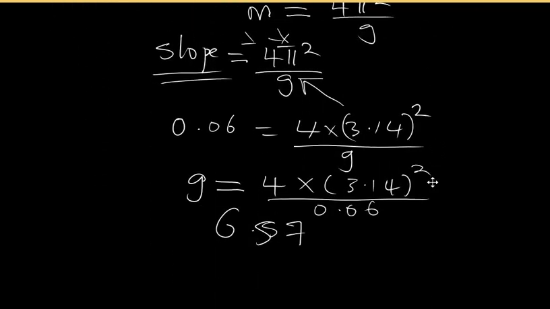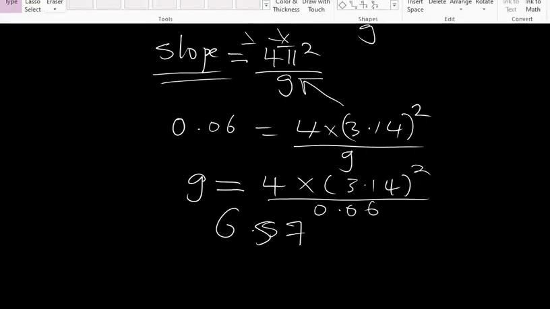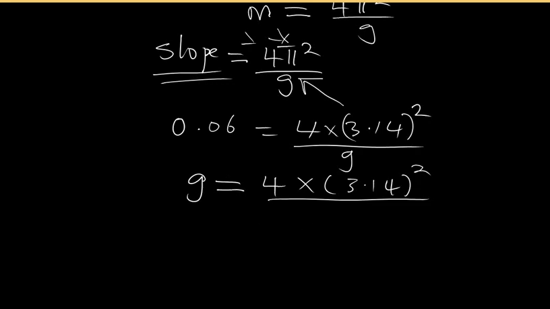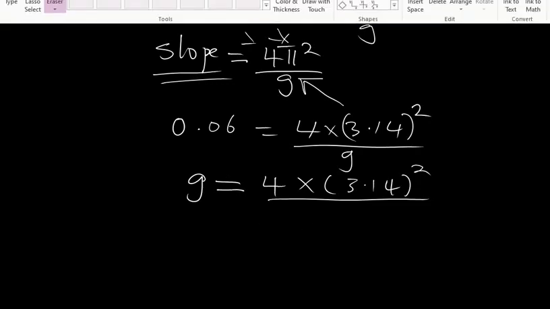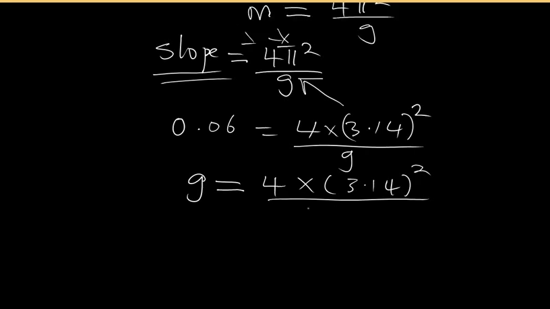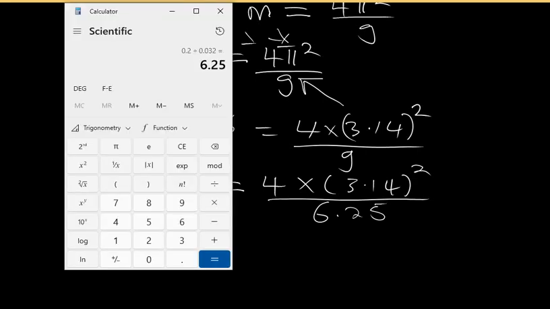All right, so let me clean that up. If I'm not mistaken, let's go again. 3.14 square, multiply by 4, then divided by 6.25.